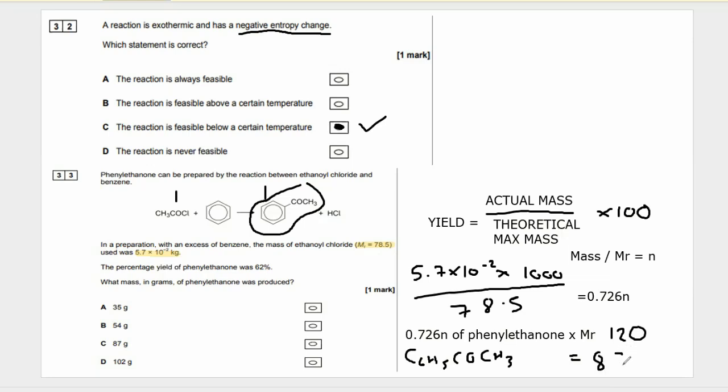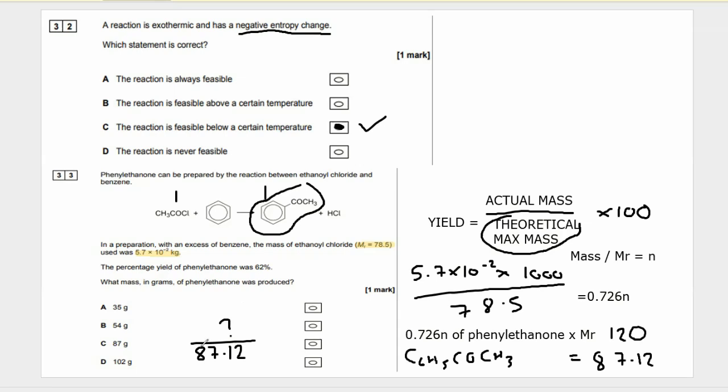So we now get the moles, which is, what am I on about? Yeah, so 120 times 0.726 equals 87.12 grams. That's our theoretical maximum mass. We don't know what the actual mass is, so we need to rearrange. I need to get rid of the 100 on the right. I can do that by changing the 62% yield to 0.62, get rid of the 100.